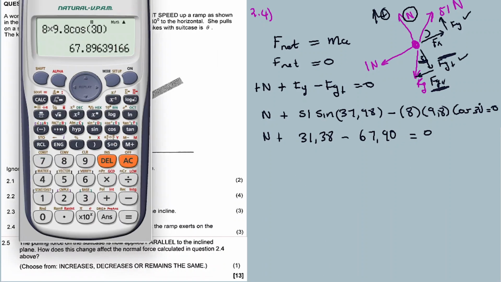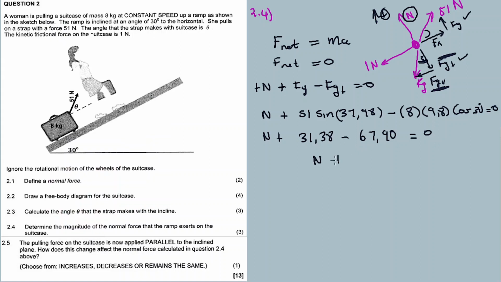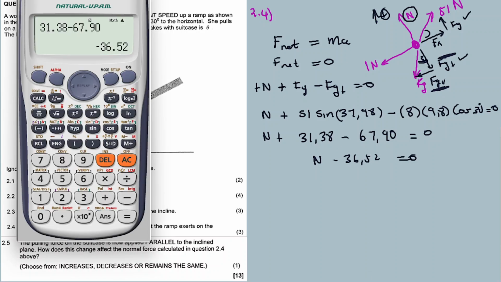Then the answer is 31.38 minus 67.90, which is negative 36.52, equal to 0.